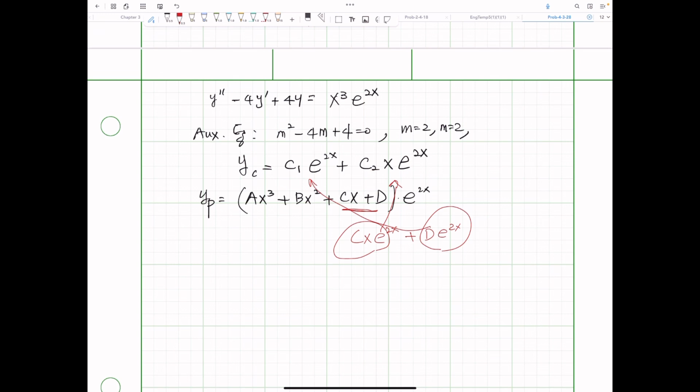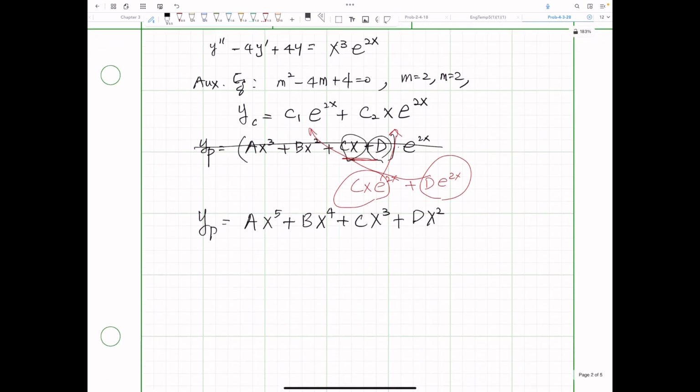That means we have to choose y_p as a x to the 5 plus b x to the 4 plus c x cubed plus d x squared, because we don't need the x term and the constant term.